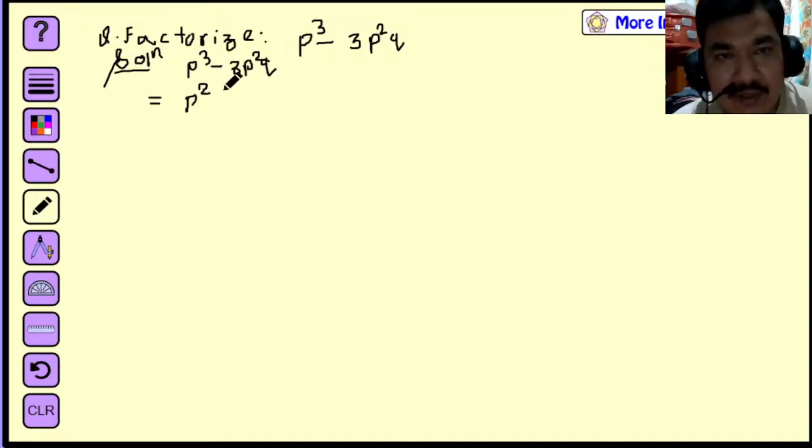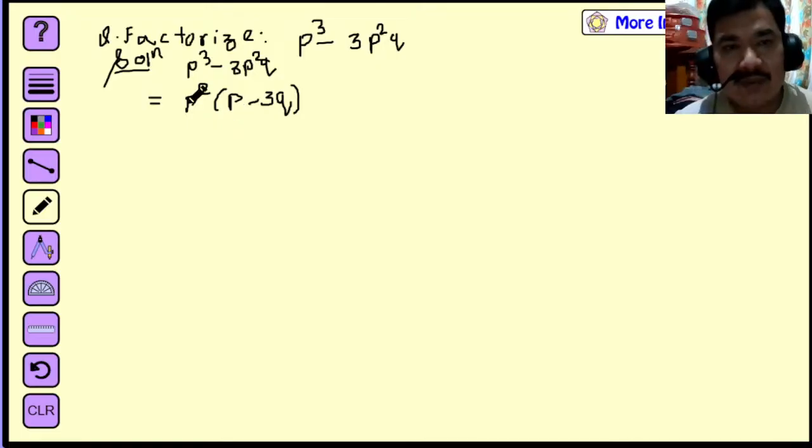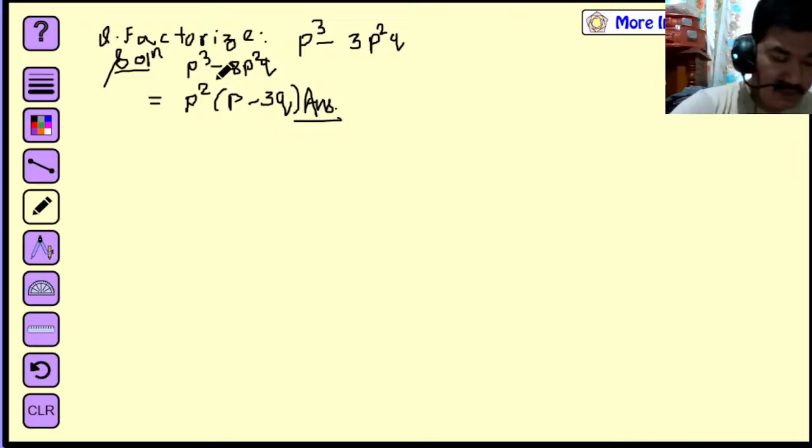From p cube, one p is left, and from minus 3p square cube, after taking p square common, 3 cube is left. So p minus 3 cube is the remaining factor, after taking this p square common. This is our answer. Take common what is the same in the given terms. Like this you have to do.